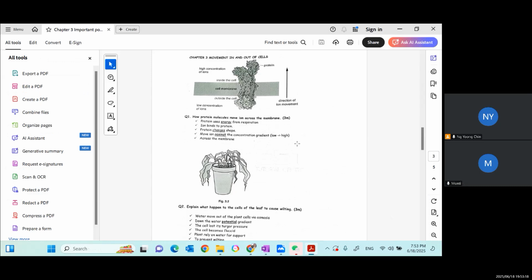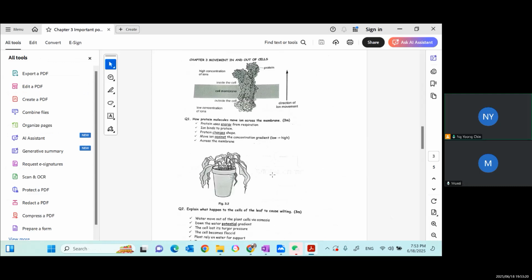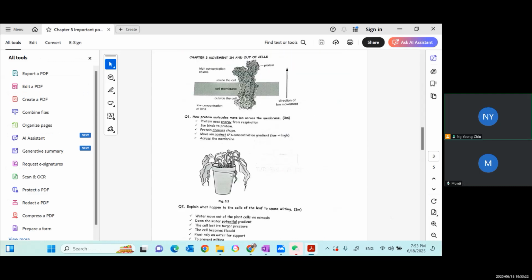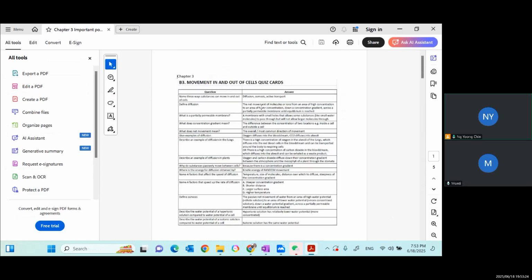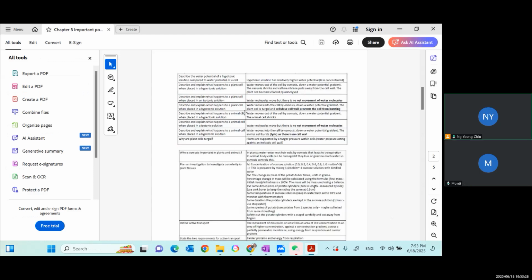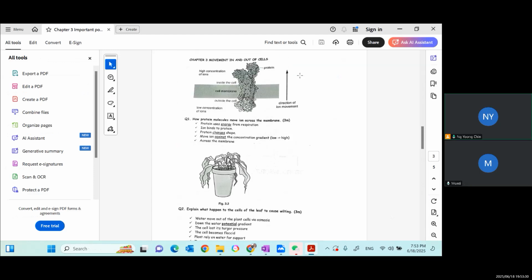Every time I finish a chapter, I'll give you these notes, and then I'll give you the exercise also. When you do the exercise, you can refer to this handout and check what kind of keywords you should write in the answer. From that, you're going to practice more.